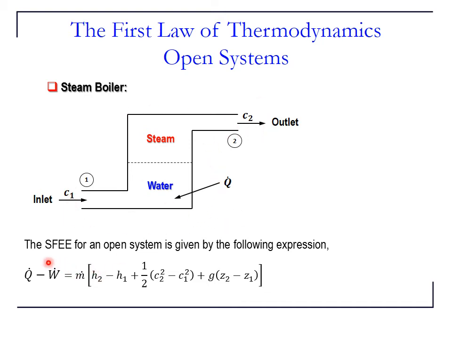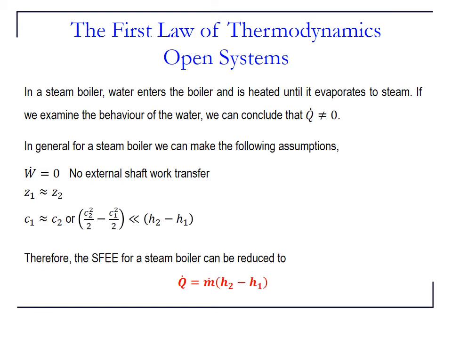So now we start again from this general equation. As I just explained, in the steam boiler, water enters the boiler, is heated, and then evaporates to steam, so the heat transfer inside a steam boiler is massive.